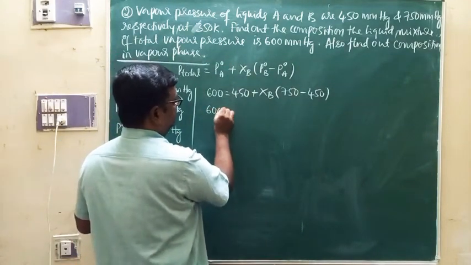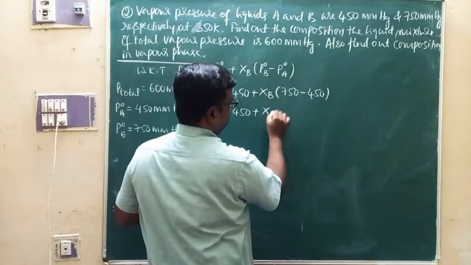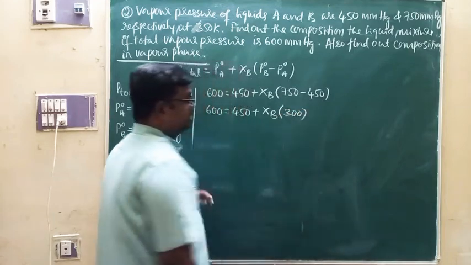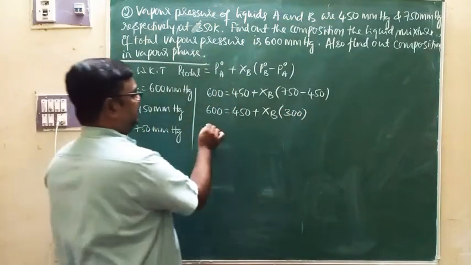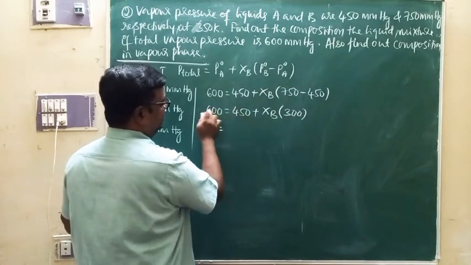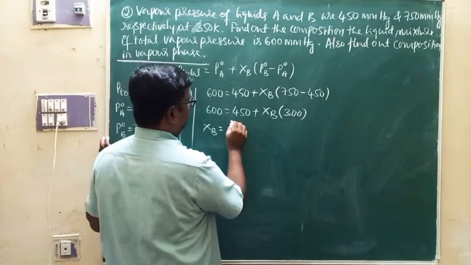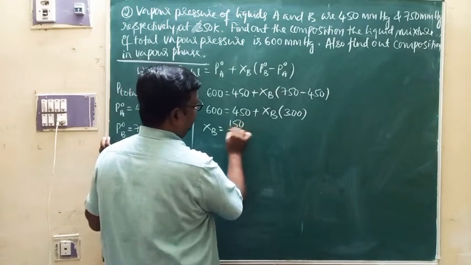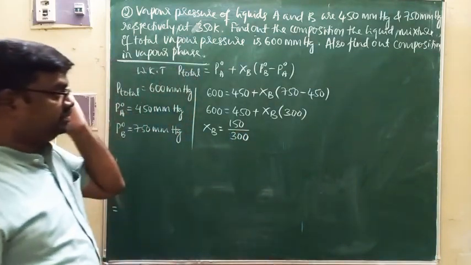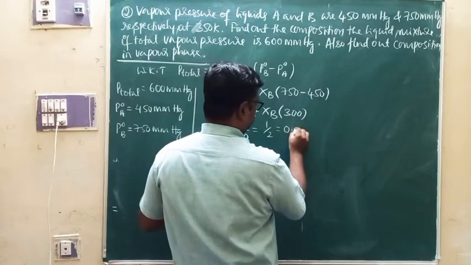Simplify: 600 is equal to 450 plus XB into 300. Therefore XB is equal to (600 minus 450) divided by 300, that is 150 divided by 300, which is 1 by 2, that is 0.5.